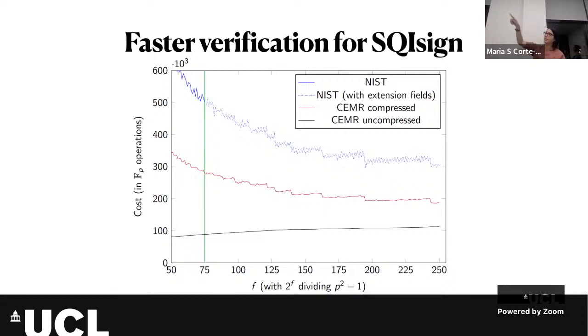In that blue line, you see the primes used by the NIST submission. And they stopped at a power of 2 which was 2 to the 75, shown by that green line. And you can see if you increase the power of 2, then verification gets faster. So that's what that blue dotted line shows.